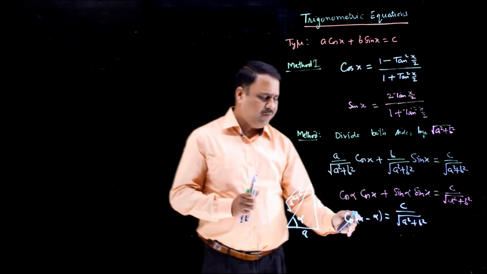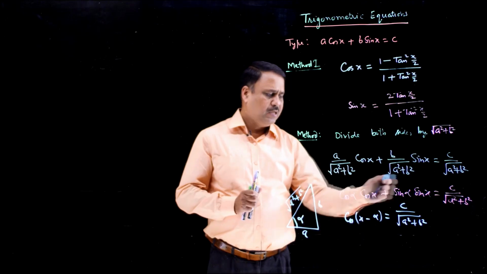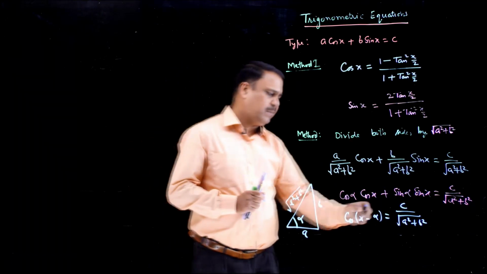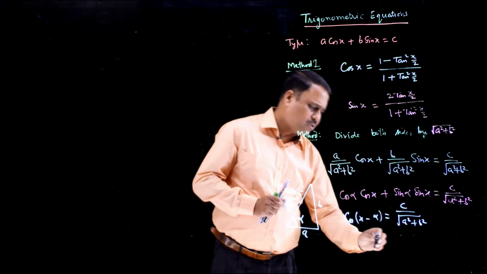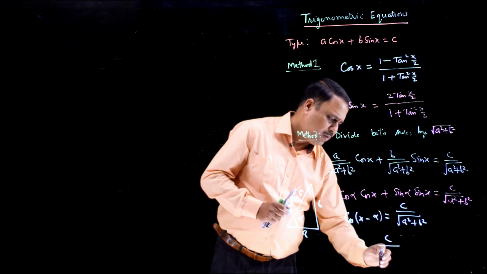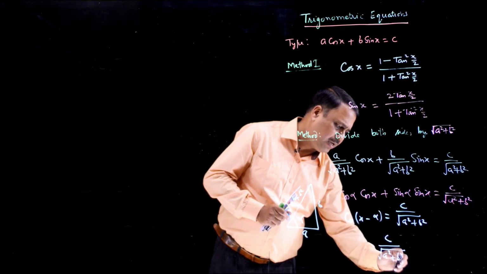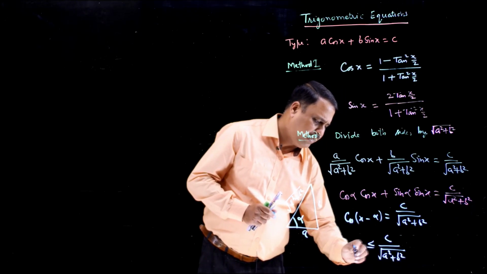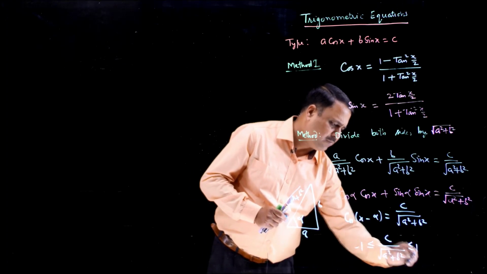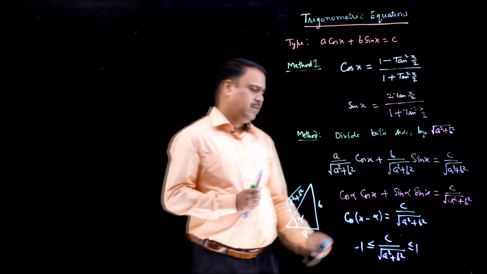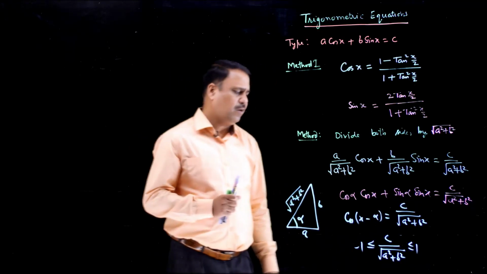As my left hand side varies between -1 to +1, the right hand side also must vary between -1 to +1. That means c upon under root of a square plus b square must be greater than or equal to -1, and less than or equal to 1, then only some solution is possible, otherwise cos alpha will not exist.